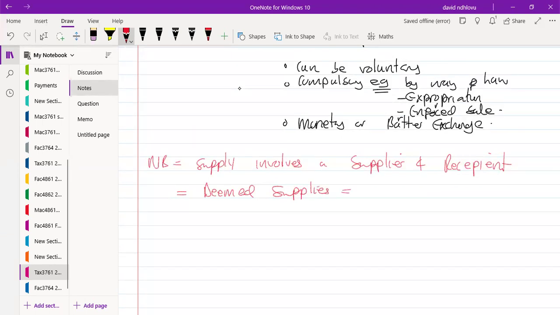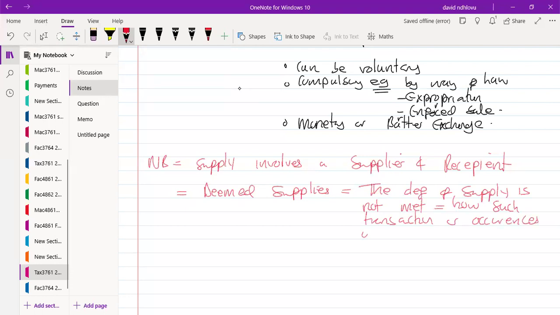On deemed supplies, we are saying the definition of supply is not met. However, such supplies or such transactions or occurrences will be treated as a supply.